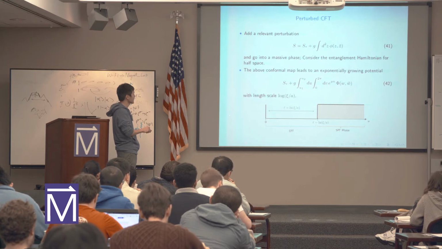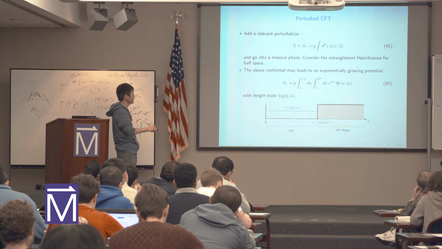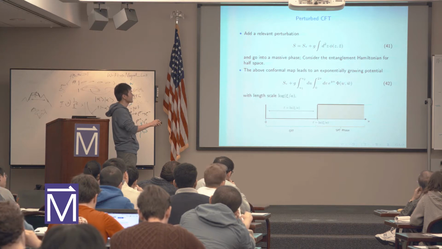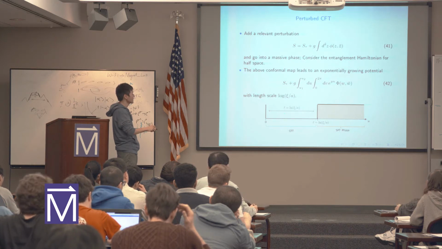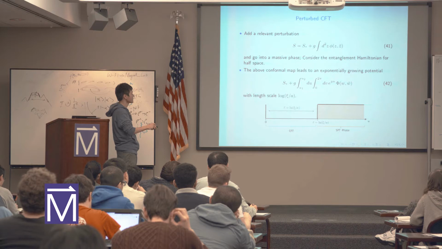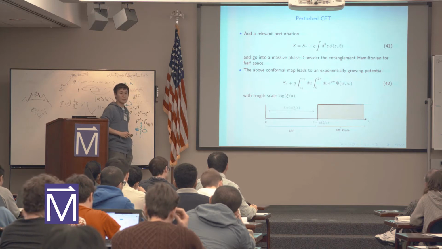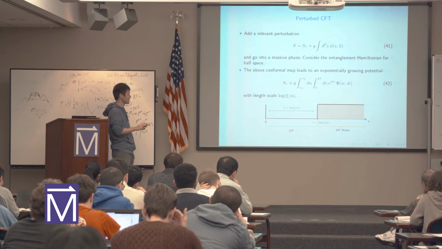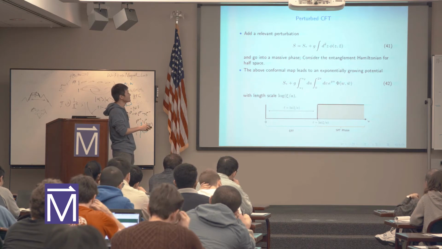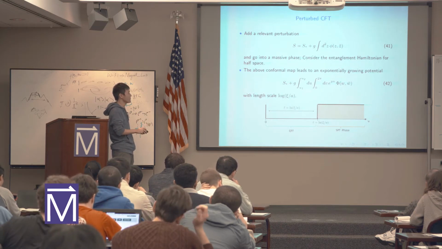Right. So there's exponentially growing potential set by this exponential factor. What it does is that essentially it makes this system finite. And this finite length is set by the correlation length of the system. Okay? So within this approximation, we quickly see that this system looks like free conformal field theory.